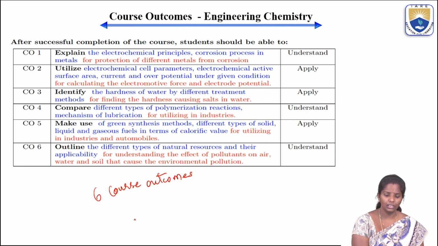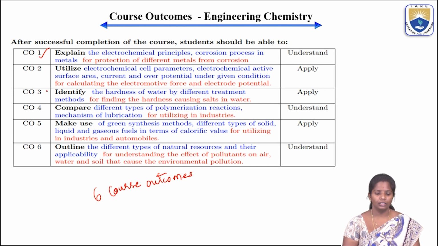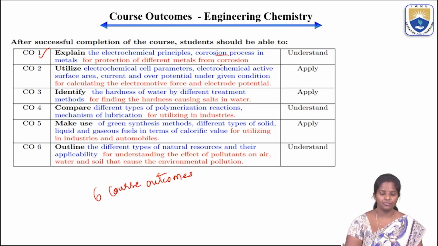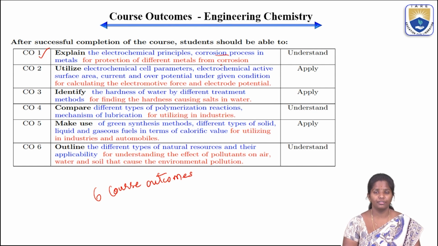What are those? The first one gives the explanation of electrochemical principles, the corrosion process for metals, and protection of different metals from corrosion. So what information are we getting here? We are understanding the topic.